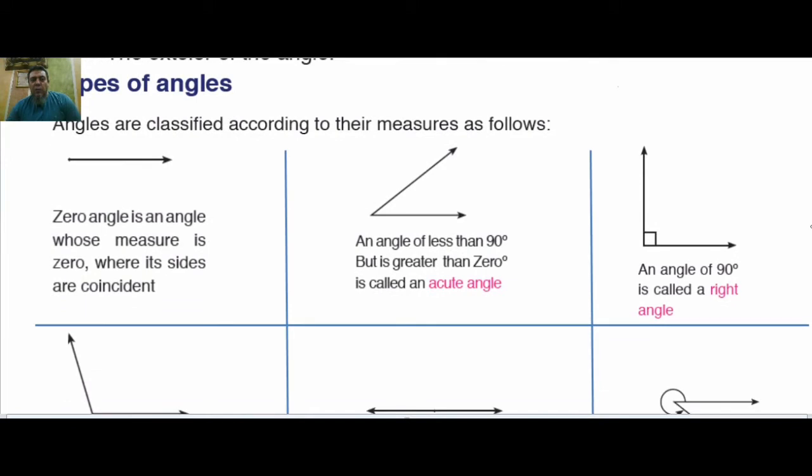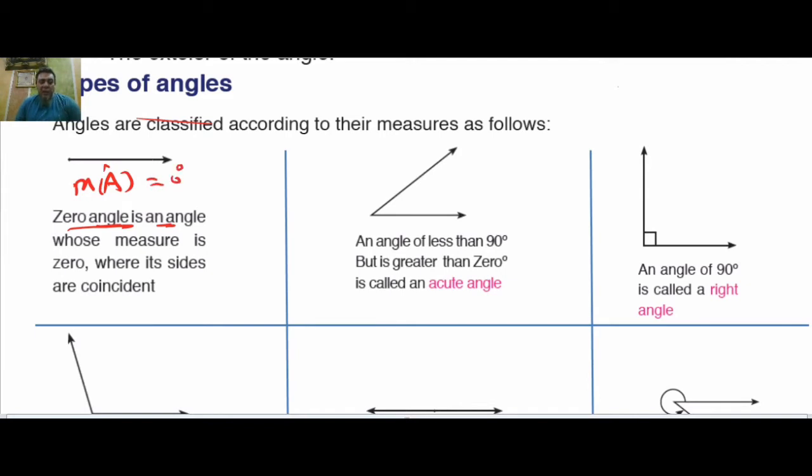Types of angles. We have many types of angles. The first type is the zero angle, the angle whose measure equals 0 degrees.